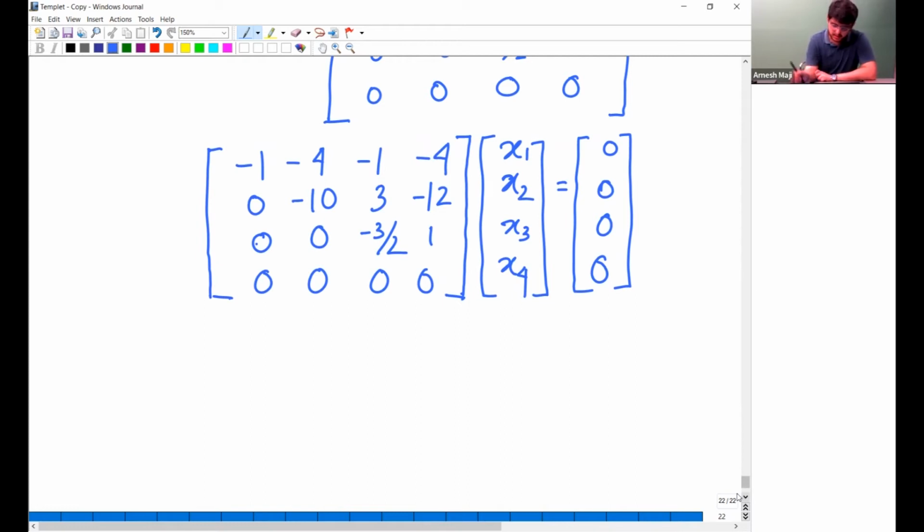Now let us multiply. The fourth row will not give us anything because it has all elements as 0. If we multiply with this vector, that will give us 0, and the right hand side is also 0. So this is consistent, but the fourth row will not give us anything. So we'll go to the third row.